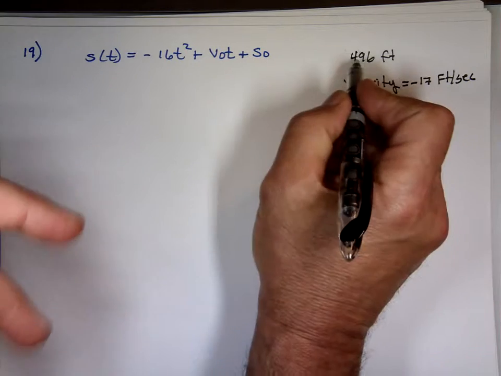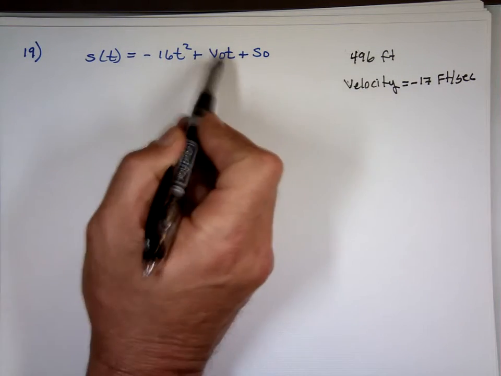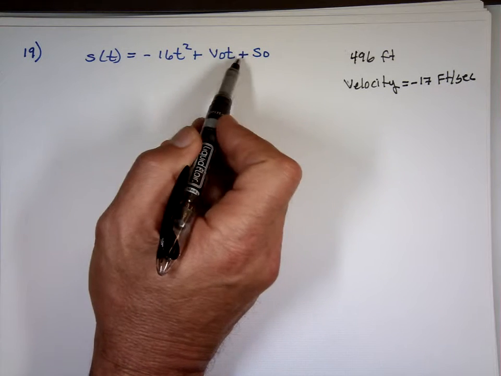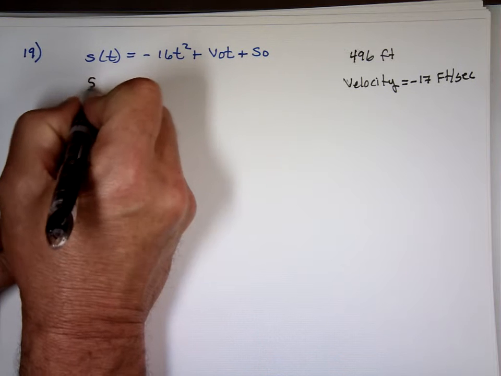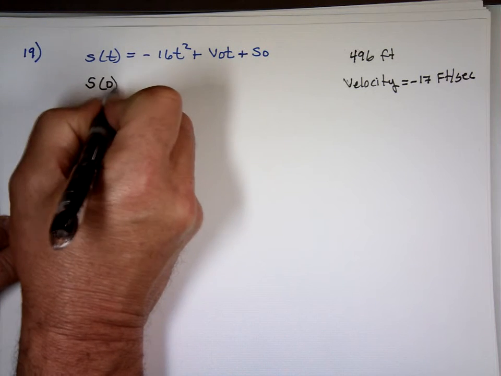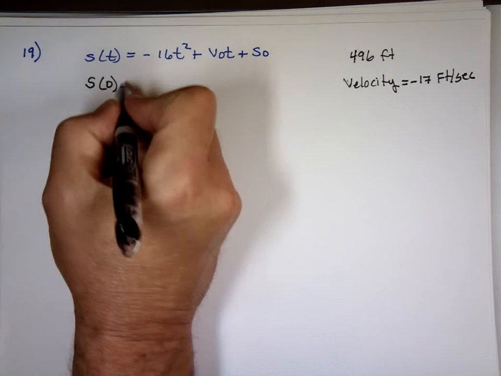This is the initial height. You're on top of that building. The purpose of these two is to find these two values. Because if you think about it, what is the height at t equals 0 when you were standing on top of that building? You threw the ball down. Well, t is 0.